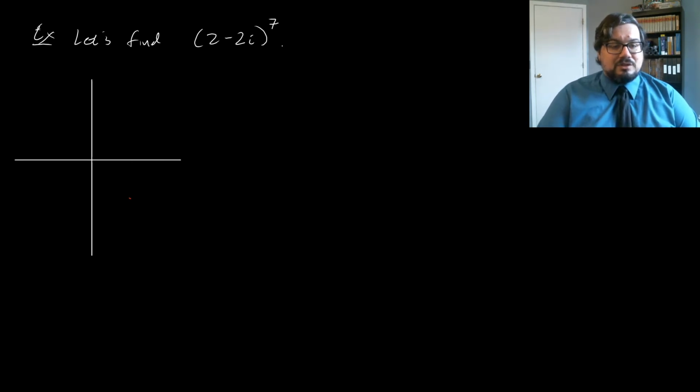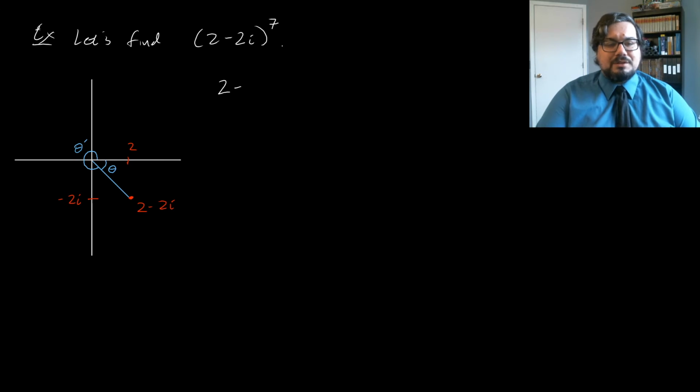Now 2 minus 2i is going to sit approximately there, below the 2 on the real axis and to the side of the negative 2i on the imaginary axis. So that means that we've got this distance here, and we've got a couple of different angles that we can look at. Let me start off by looking at this angle theta, but I'm also going to look at this angle theta prime, and we'll see what sort of a difference we get out of it.